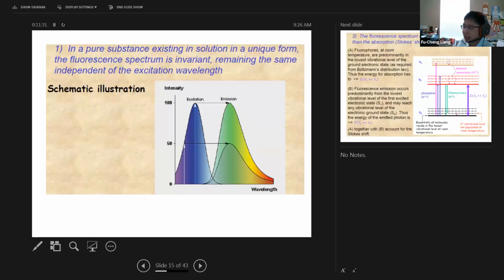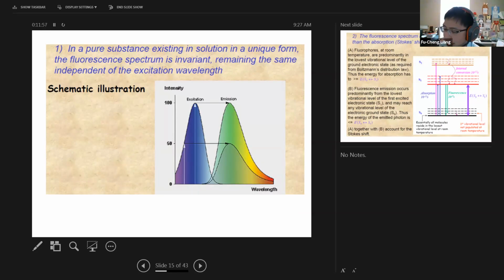Here on the left is the excitation spectrum, and on the right is the emission wavelength. If you excite at the maximum excitation, you see this emission show up. But if you excite at the shoulder of this mountain, you still see the same emission, just at a little lower intensity.